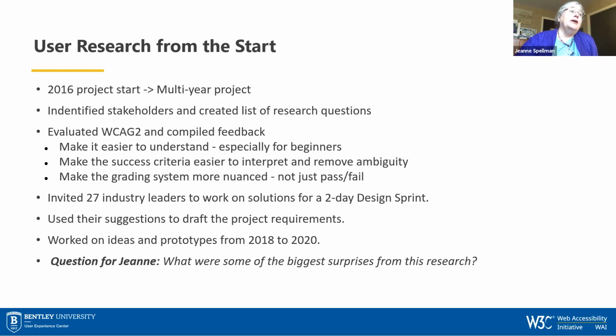But the biggest surprise that came out of the research was the structural inequality between disabilities and the support of different disabilities in WCAG 2. For example, if you're blind, your user needs are mostly addressed at the WCAG A level, which is the most important level.